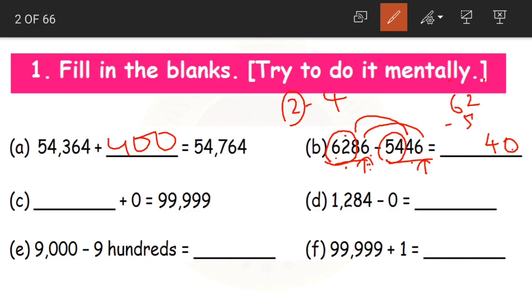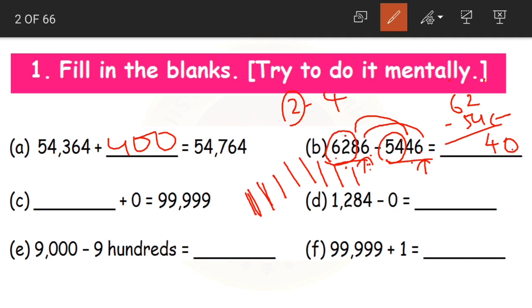62 minus 54. Now how to do this mentally, students? After 54, yes, after 54 start counting. 55, 56, 57, 58, 59, 60, 61, 62. Okay children, you can open your fingers for this. After 54 we have 55, open one finger.